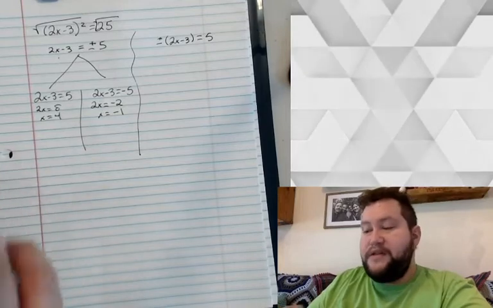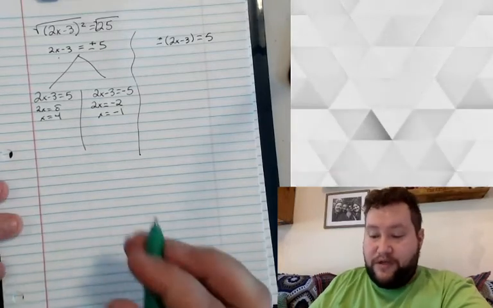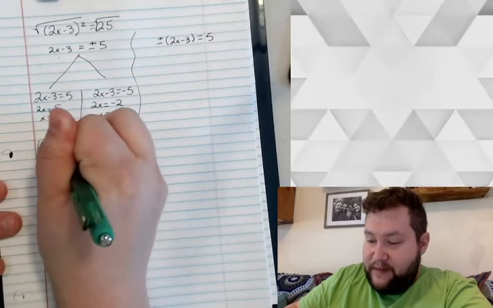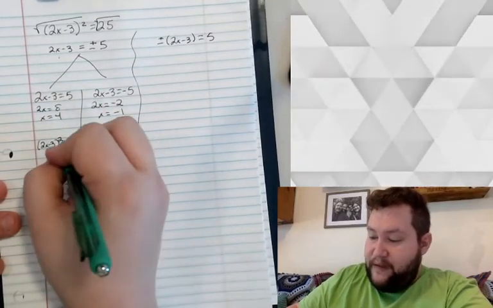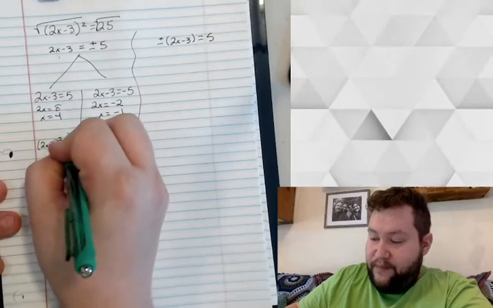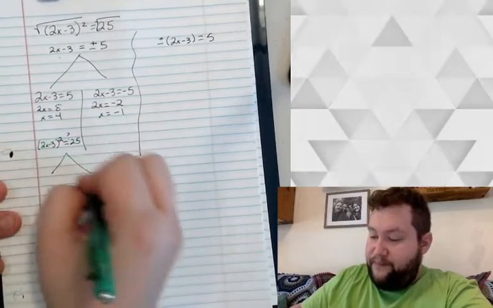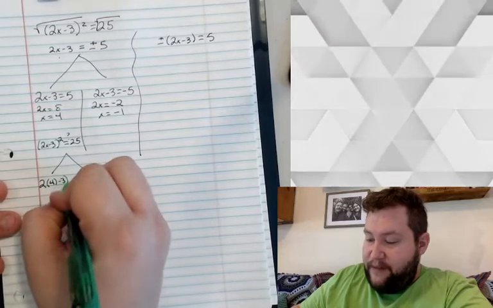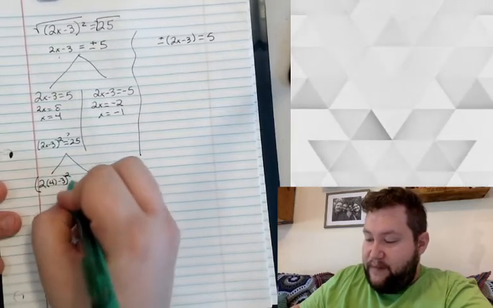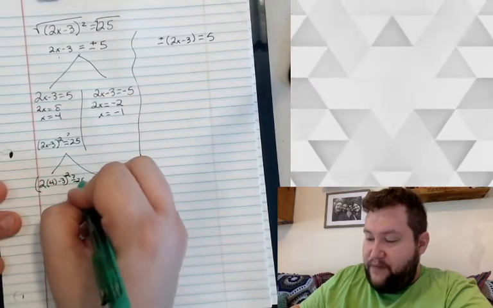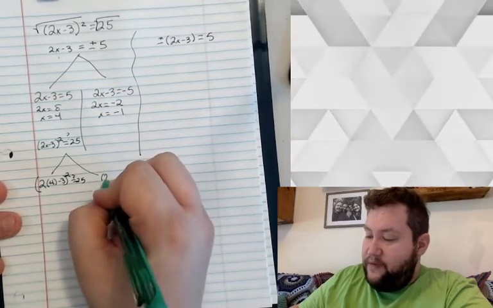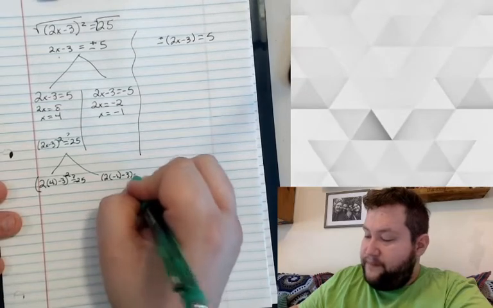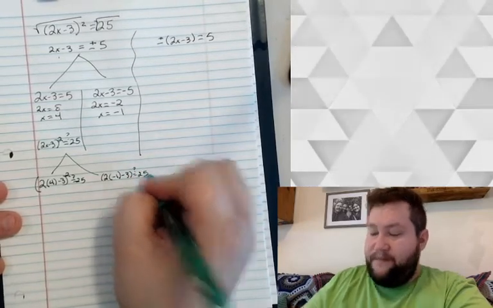And we always need to check our solutions in the original. So we have (2x minus 3) squared equals 25. Well, let's find out. We either have (2 times 4 minus 3) squared might be 25, or we have (2 times negative 1 minus 3) squared equals 25.